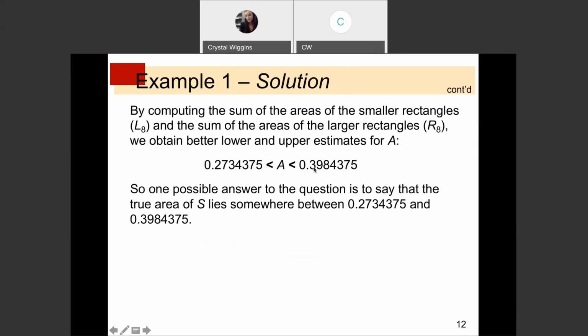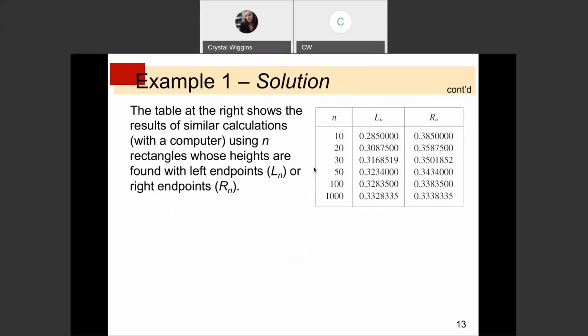There's less room for error when we increase the rectangles. And we can see that in this chart here. If we increase the number of rectangles to 10, we've reduced the gap down to 0.1. We increase the rectangles to a count of 20, and the gap has been reduced to 0.05 and so on.